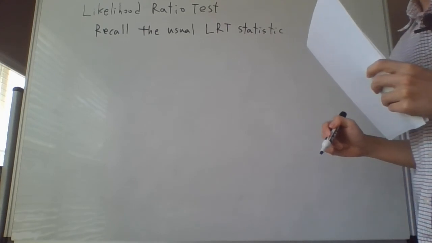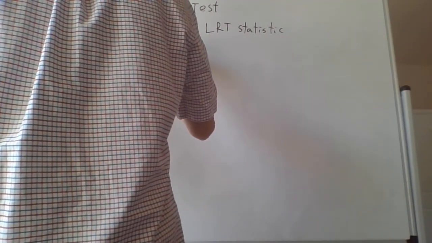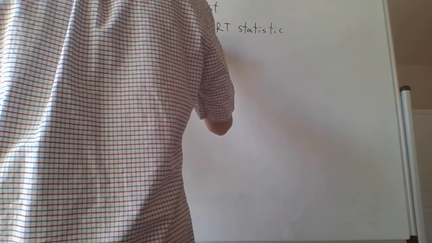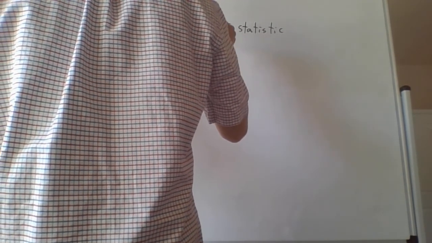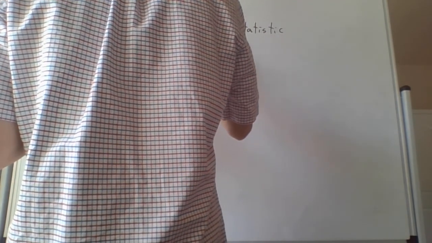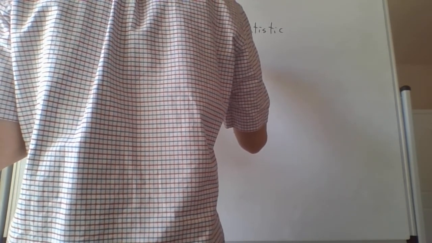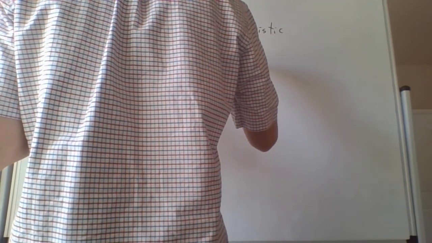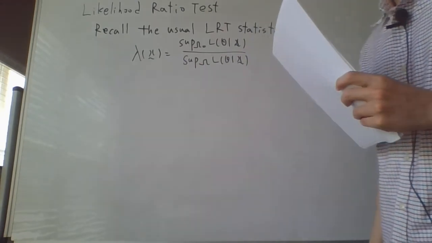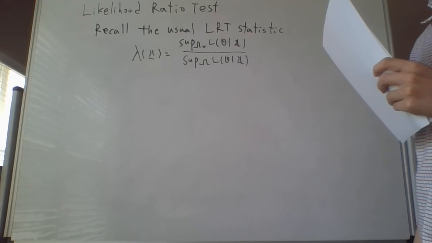So if you recall the usual likelihood ratio test statistic, the likelihood ratio test statistic is the ratio of two likelihoods.